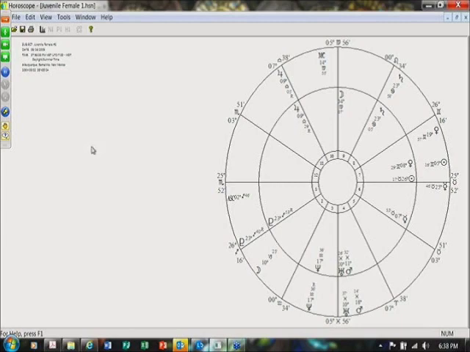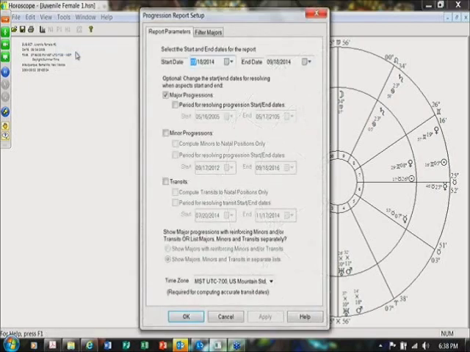Now, the other thing you can do is you can create a progression report. And this is putting the cart in front of the horse, but since we might use it later, we'll go back to the Tools button, and we go down to Progression Report. Click on that, and we can see the beginning date, what they call start date and end date.